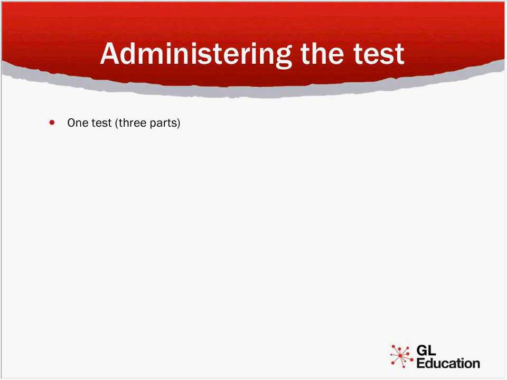If that works, then that's ideal, or two sections at the same time, but we wouldn't recommend administering all three parts together, particularly with younger students. That's quite a long time to be sitting in front of a computer screen. If you can split it up, then that's our recommendation.